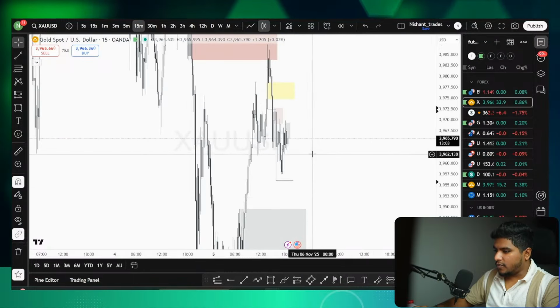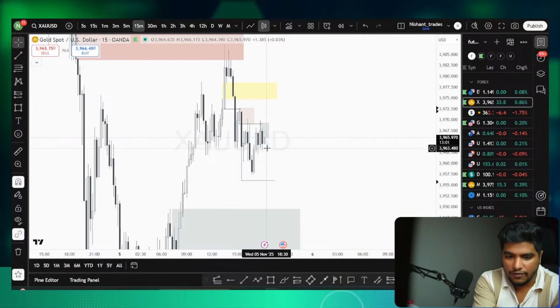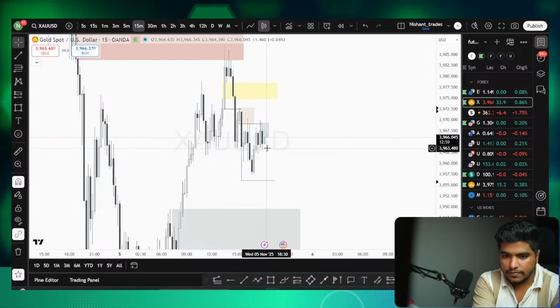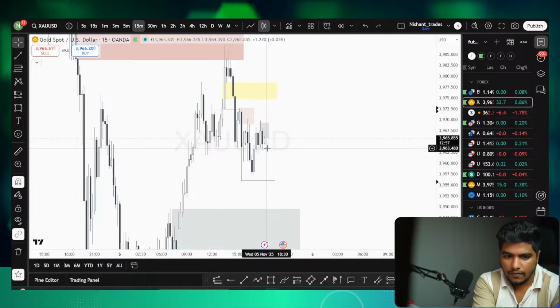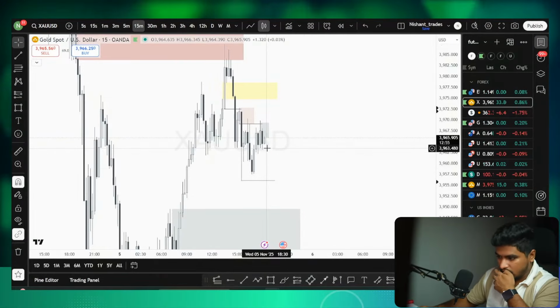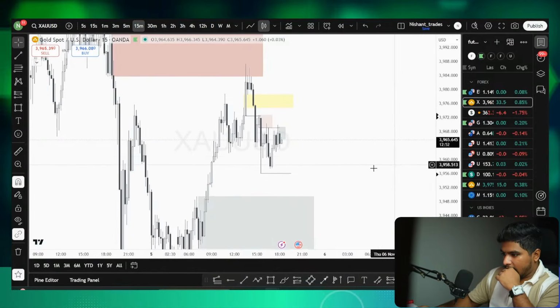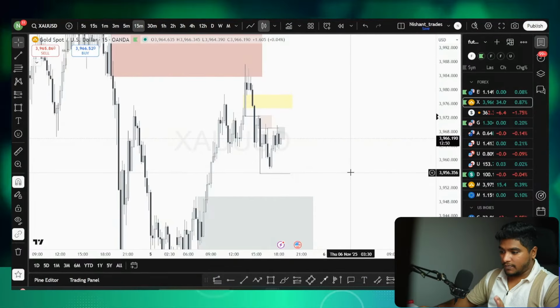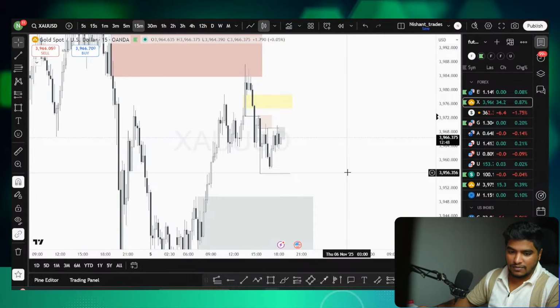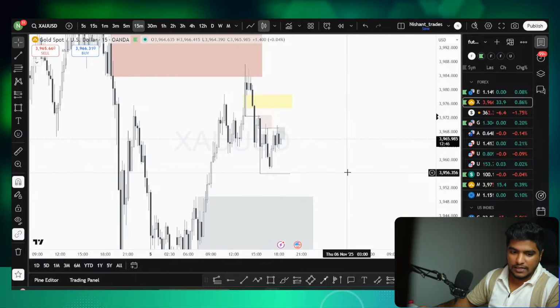Let's just wait for more confirmation and more order flow to build, and then plan. Also, along the way, we can enter. So that is also one of the probabilities that I'm seeing.